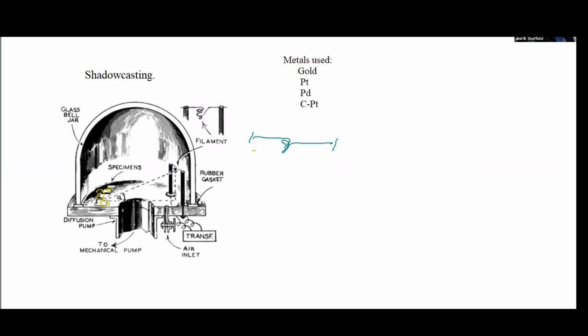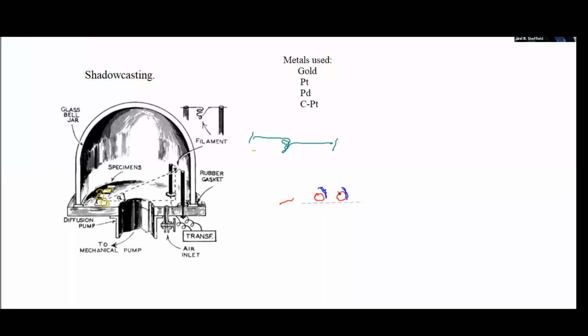So if I go now back to my grid, here's my grid, and here are these samples that sit on it. Now, what happens is, after this process is done, I get a buildup of material on the side of the sample that was towards the electrodes, so from which the vapor was coming.